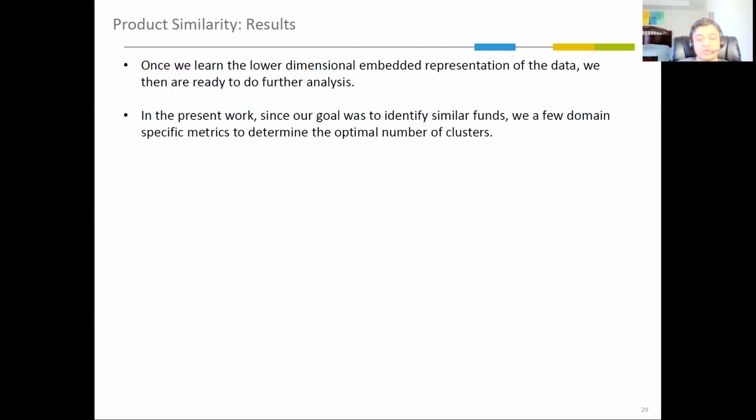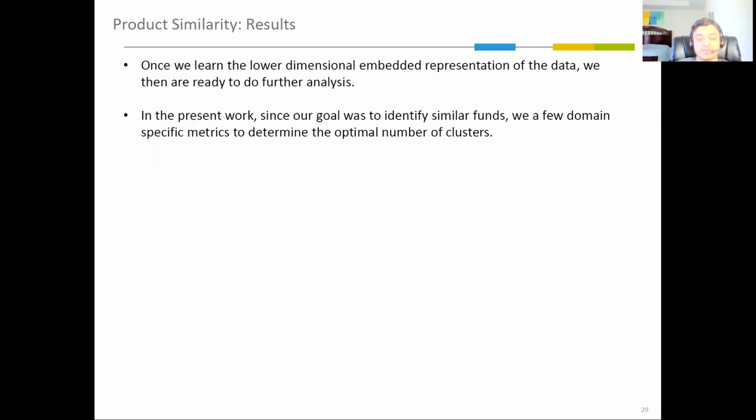Eventually we also have a very nice hidden representation of the network data of mutual funds and assets. We also identified many similar funds. We also had very interesting pairs of mutual funds, which we would usually not expect to be similar from the usual methods.